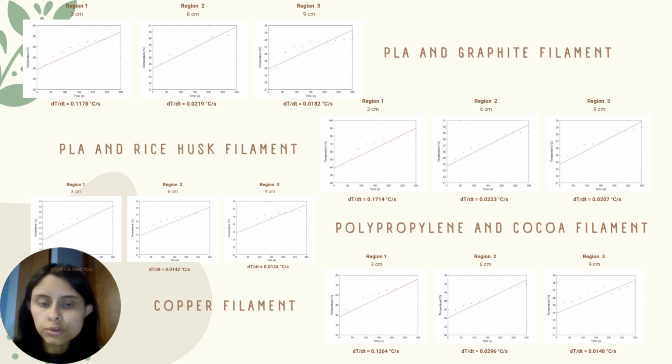This is because the transportation of heat typically behaves from hotter to colder. In this case, the first region was close to the plate and therefore in the last region there will be less heat reaching it. This is the same behavior for each filament. The region that has the biggest conductivity is the first region. This one was positioned in the first 3 centimeters.